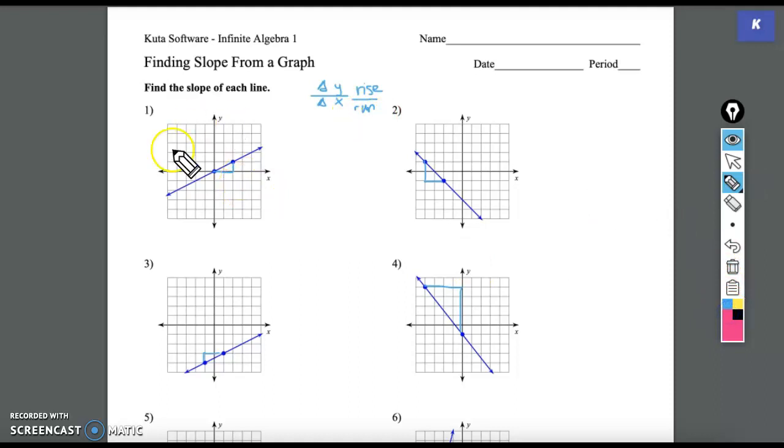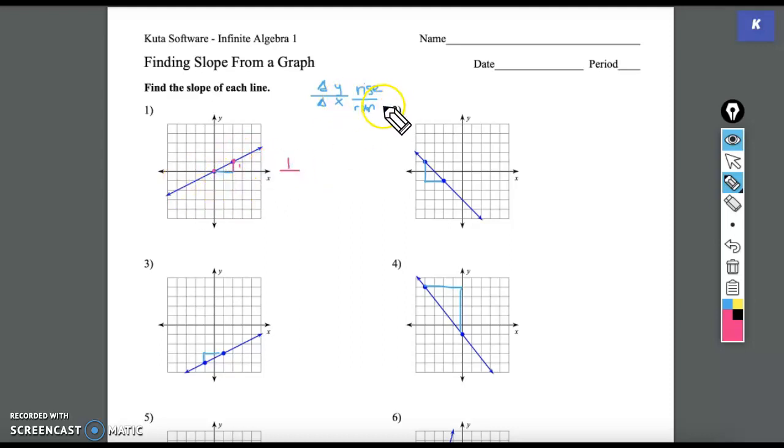So if I go over here to this dot, from, again, left to right, so I'm going from this dot first over to this dot, because this dot comes first on the left and then this one comes second. Am I going to go up to get to that next dot or down to get to that next dot? I'm going up, and that is only one box that I'm going up. So my rise is 1.